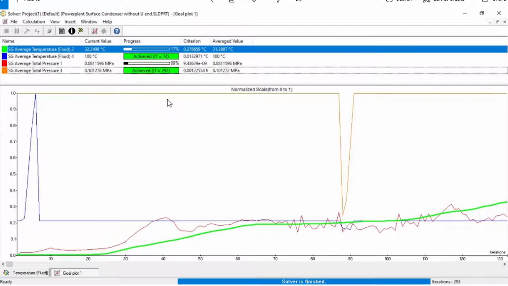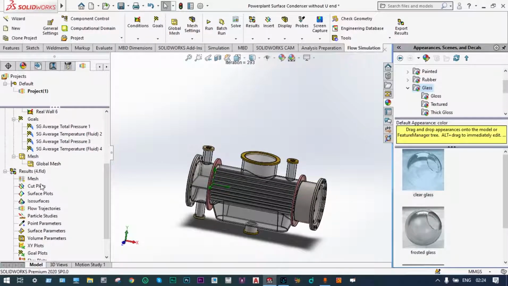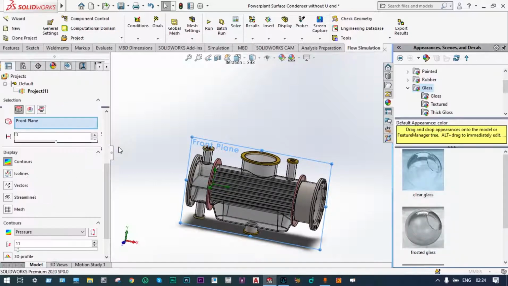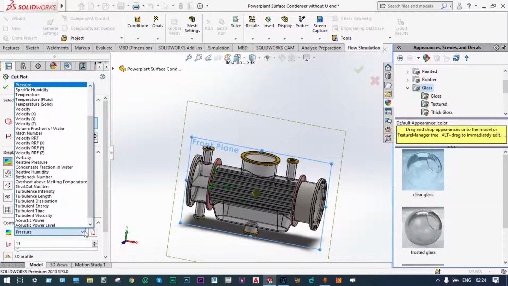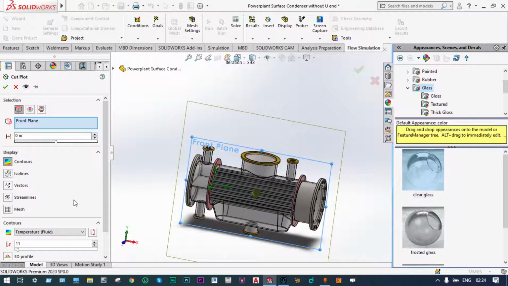Now we can see all these things results from the cut plot also. Let us see our cut plots from the results. Cut plots, insert cut plot. First of all, we want to see temperature of fluid from front plane.